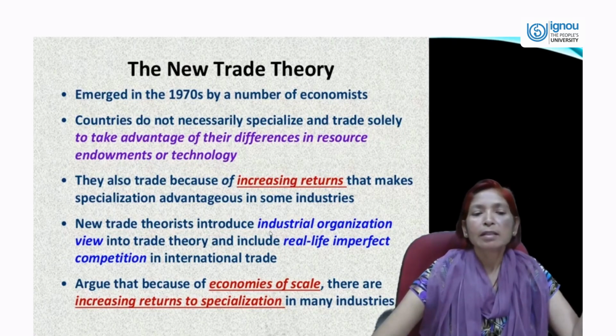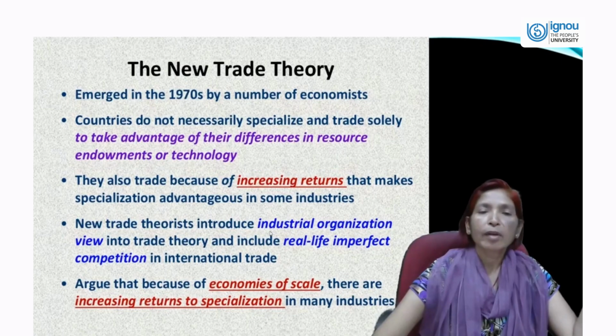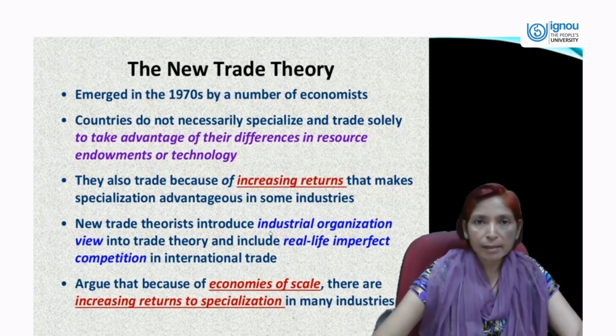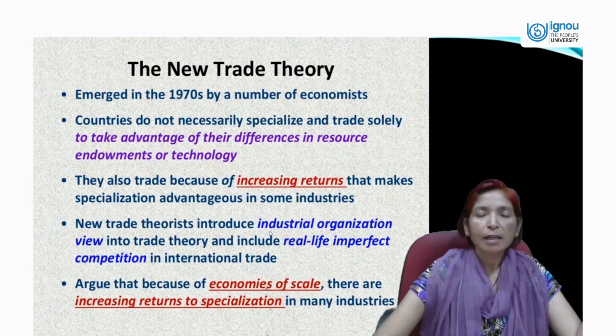New trade theorists introduce industrial organization views into trade theories and include real life imperfect competition which really exists at present. And they argue that because of economies of scale, internal and external, by producing products in a larger quantity, there are increasing returns to specialization in many industries.